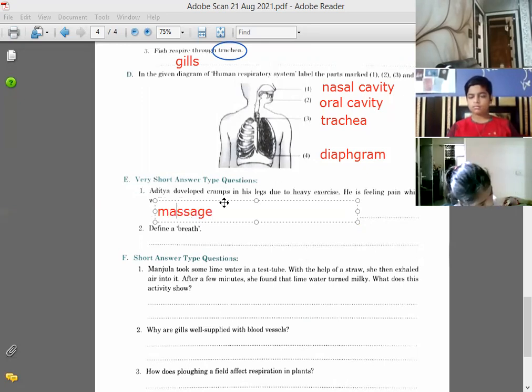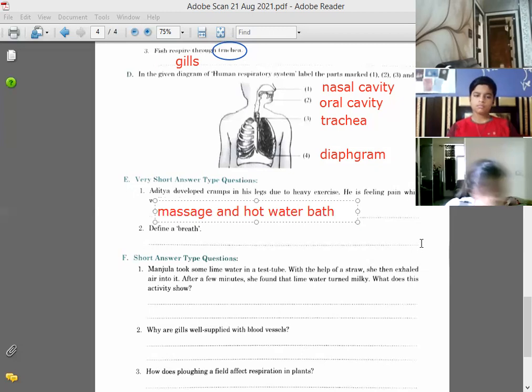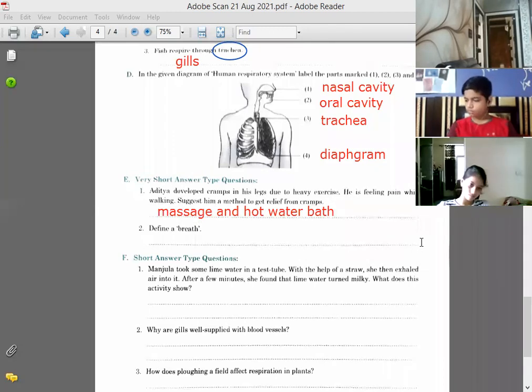The method for relief from these cramps is to take a hot water bath or get a massage. Okay, very good. Beta, I have written in a very short way, but you may write in a complete sentence. Massage and a hot water bath will help him to get relief.